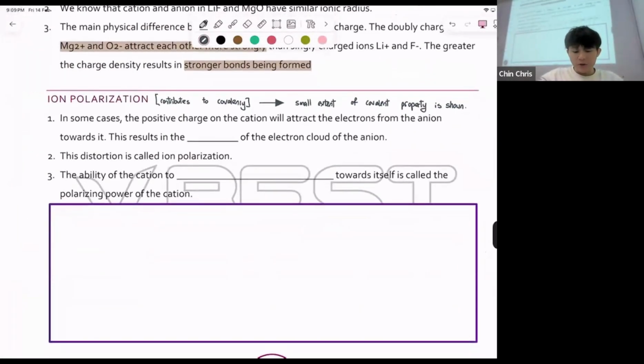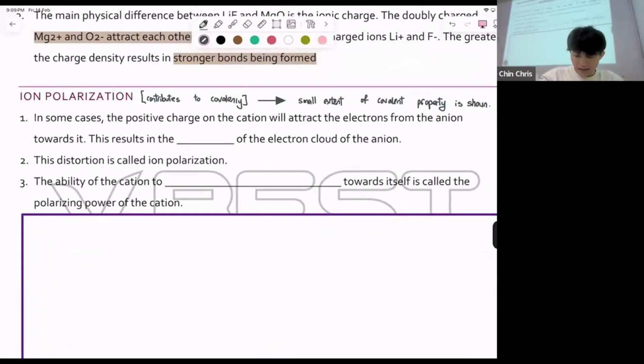In some cases, the positive charge on the cation will attract the electrons from the anion.